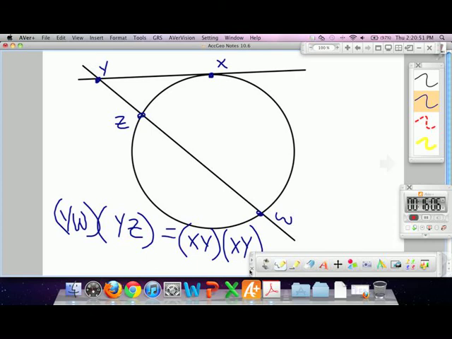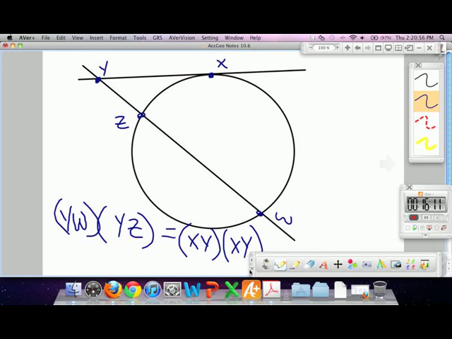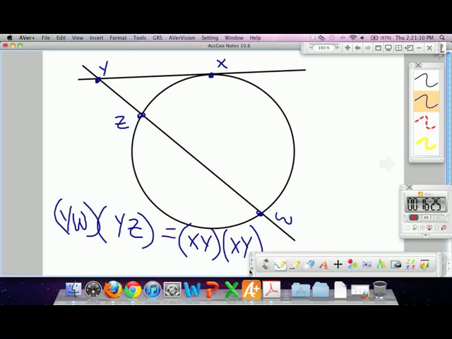Anyone see what would happen, like why I claim that this theorem actually applies if you had two tangents? Using that line of thinking, why would this theorem apply? Why is our previously held conception that if I had two tangent segments that they've got to be congruent? Anyone see how this theorem would apply to it? What would we do if I made both of these tangents?